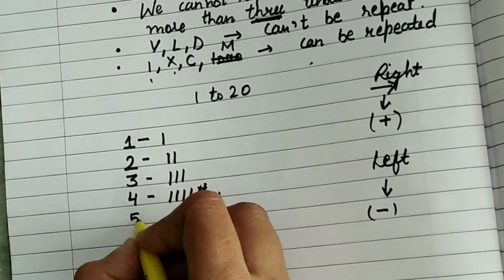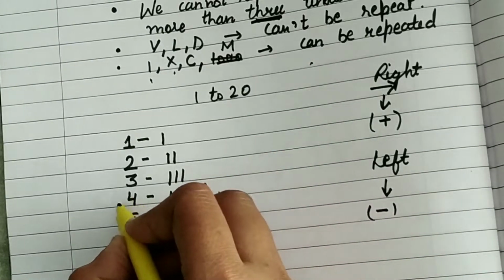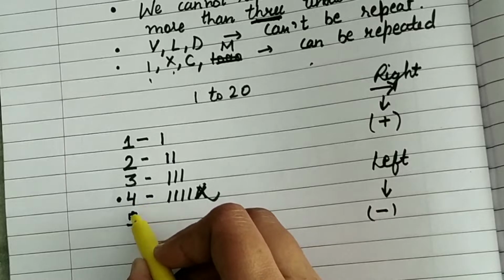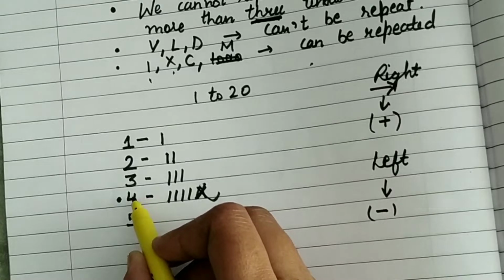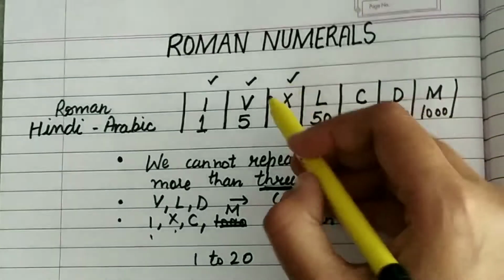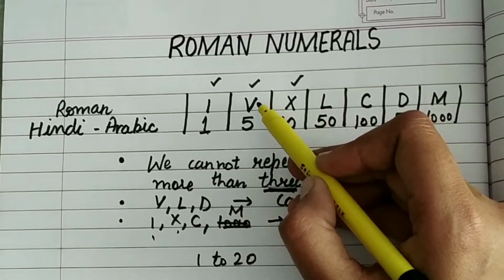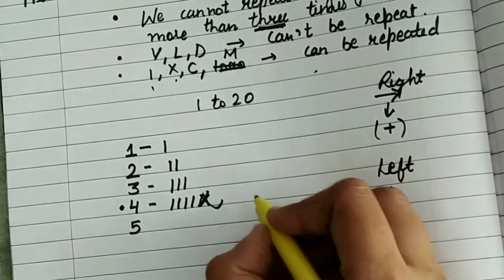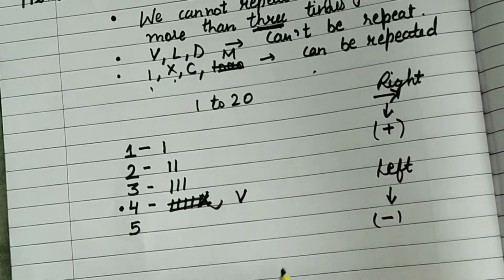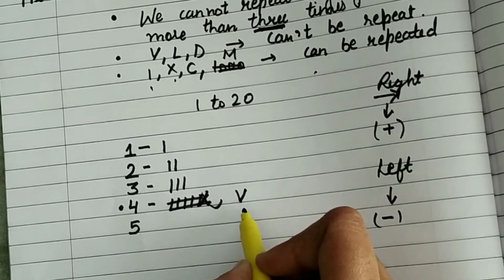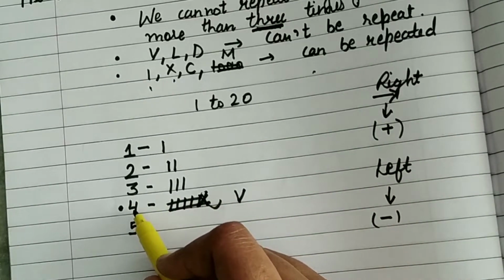Now see, I am writing 4. If I subtract 1 from 5, I will get 4, and I have the symbol for 5, that is V. So I will use that. First of all I will write V, right? But it is V, that means 5, but I want to write 4.